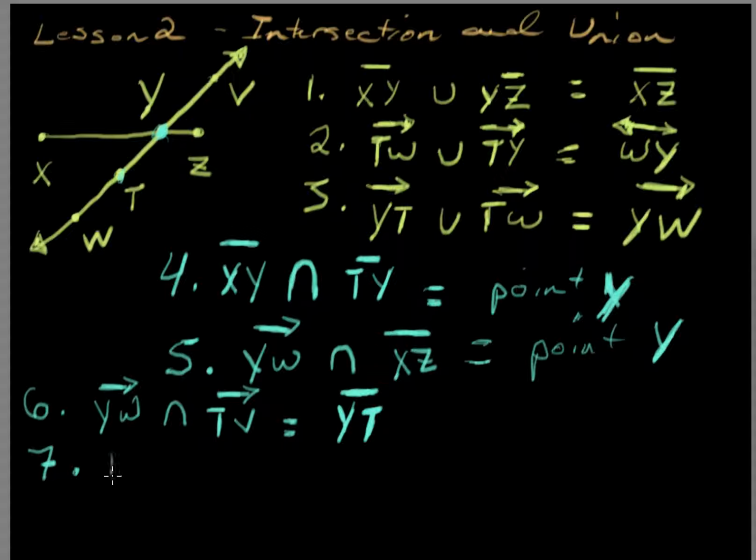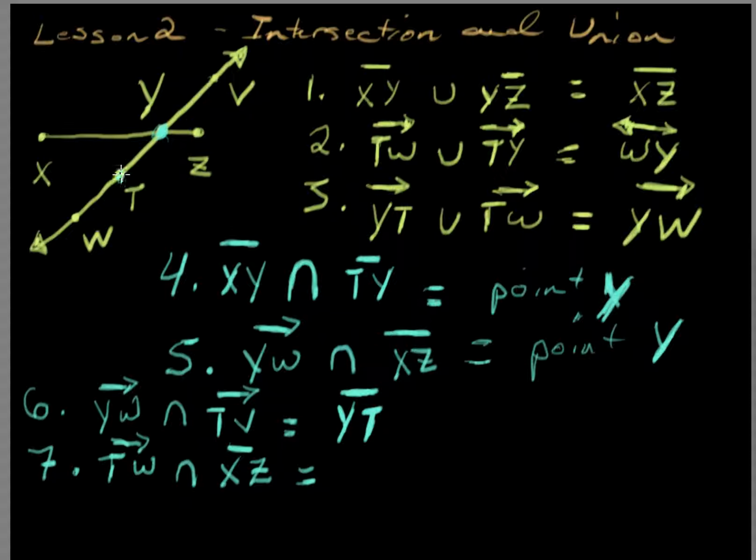This is the intersection of ray TW intersect XZ, line segment, and this is equal to, again, let's go up to the graph.